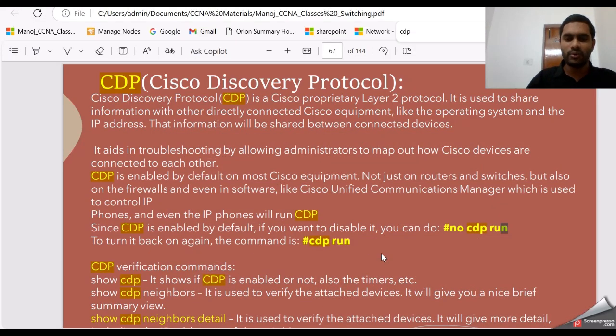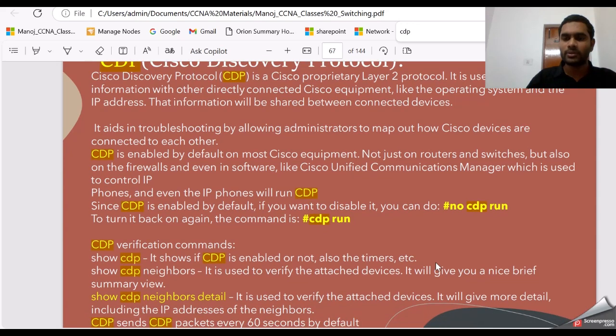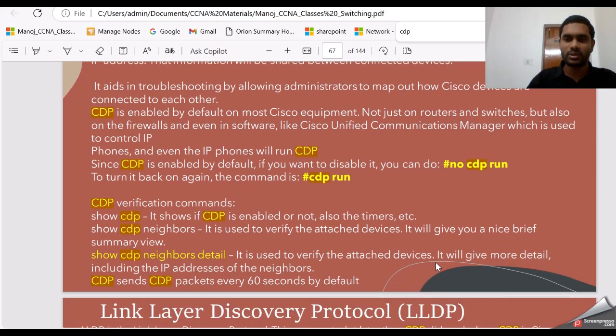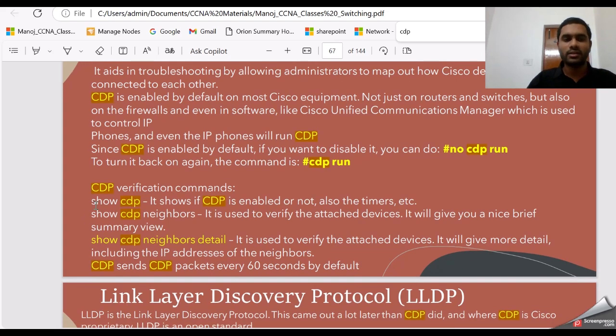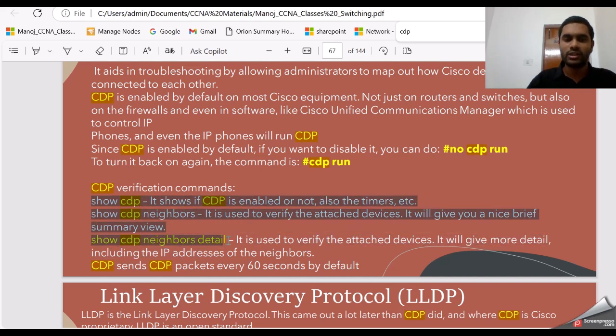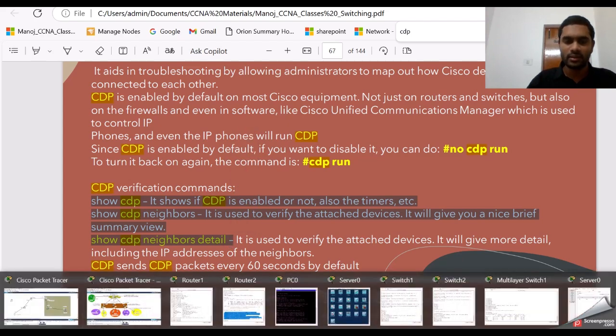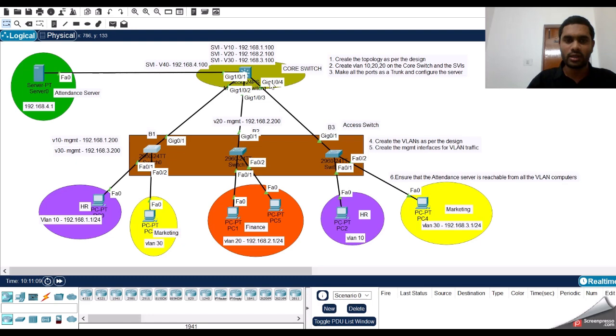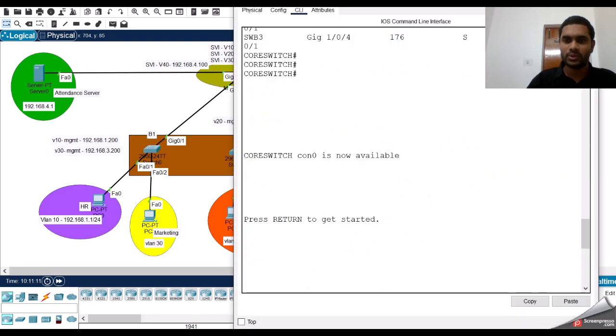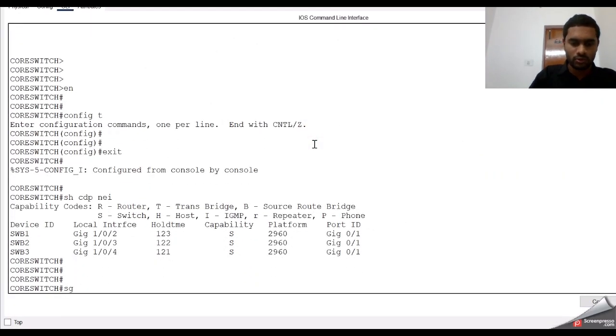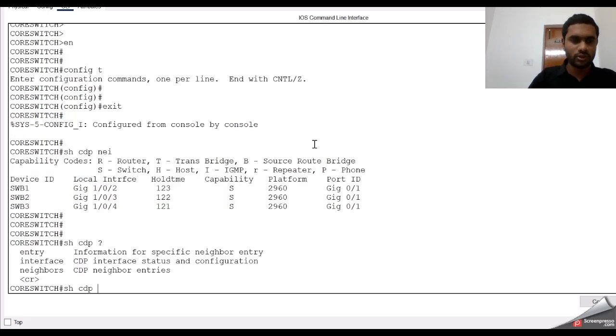If you disable CDP, that particular switch will not show the neighbor relationship status to the other switches or routers. These are the CDP verification commands. You can type show cdp neighbor or show cdp neighbor detail. So let's go back to the switch, and now just making it big. As I said, you can use the question mark also. Show cdp, let's use the question mark.